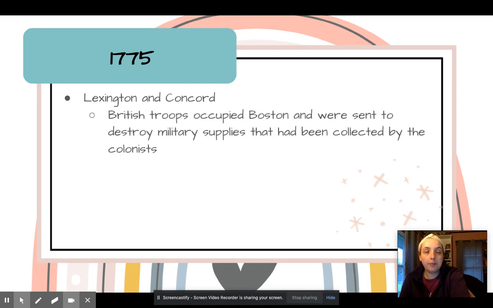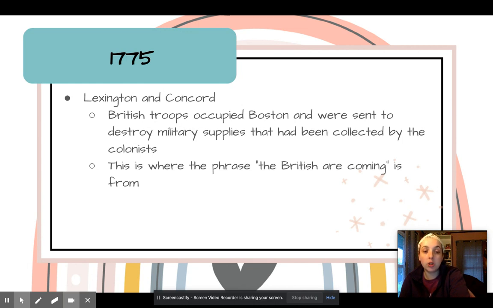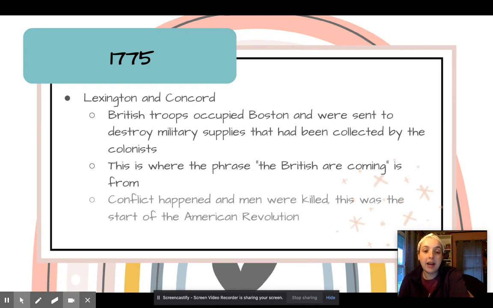So the colonists, they weren't the United States, but they started collecting military supplies as kind of like a, hey, we're going to start revolting. The British found out and they occupied Boston because they were sent to destroy the supplies. And this is where the phrase "the British are coming" is from, because they were set to warn when the British were coming for the military supplies.